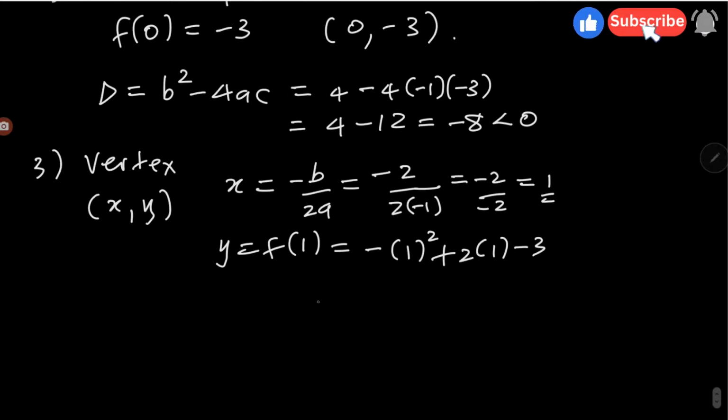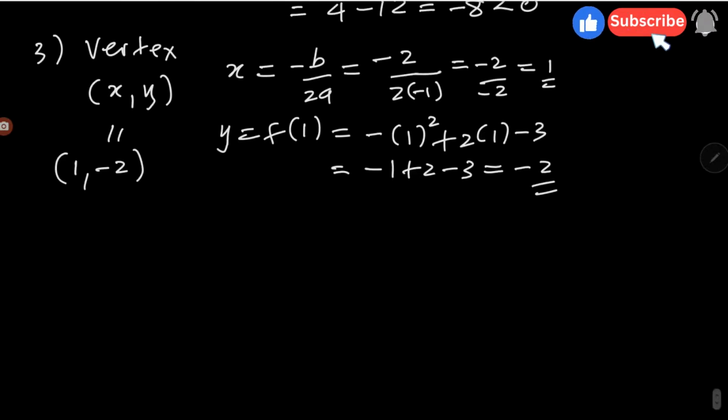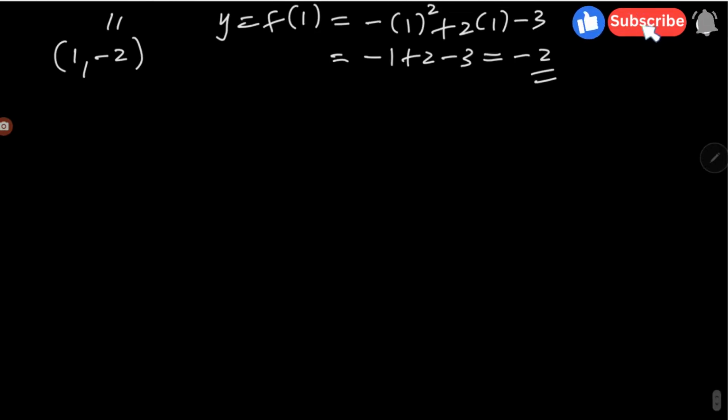And this is going to be equal to minus 1 plus 2 minus 3, which is equal to 1 minus 3, which is minus 2. So this coordinate is going to be equal to x comma y, which is 1 comma minus 2. So that's our vertex point, and we can now try to sketch. So we can draw our rough xy plane.